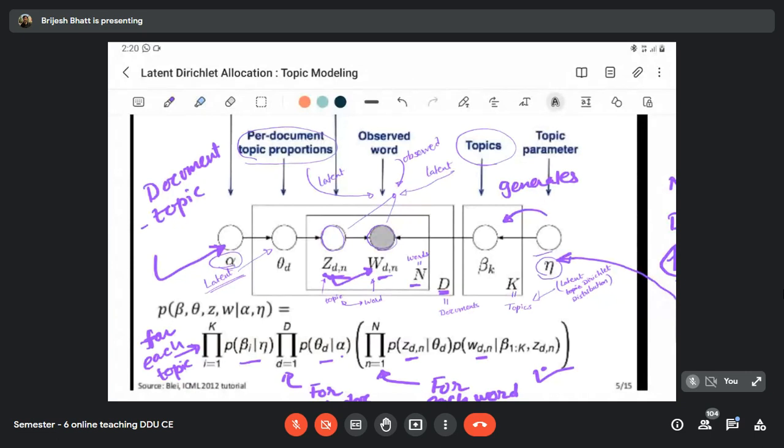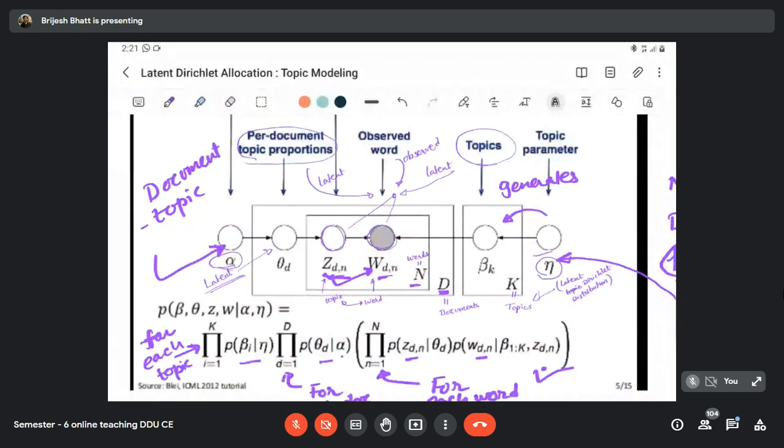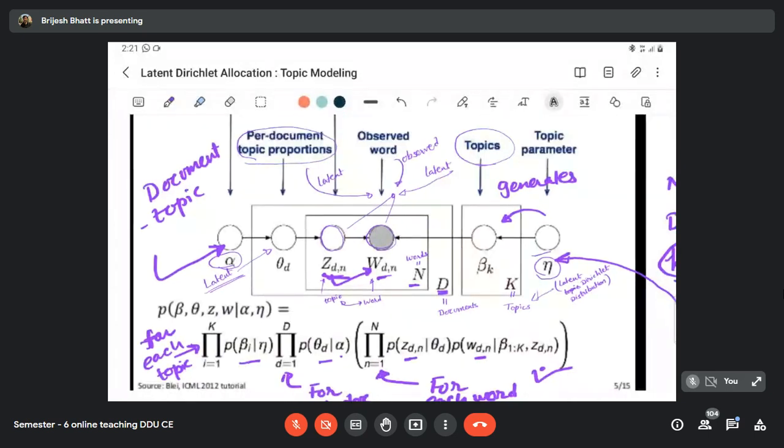But before that, let me summarize a few things. One is it is an unsupervised learning method. Second is this is a generative model, a Bayesian network, which we had seen, but a Bayesian network of multinomial. And that's why our underlying distribution assumption is now the Dirichlet distribution. That's why the name is latent Dirichlet allocation.